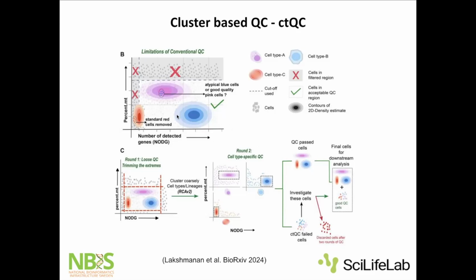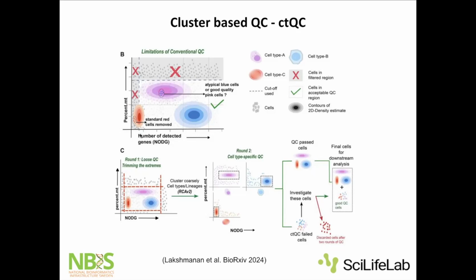But the whole idea is that if you have here number of detected genes versus percent mitochondria, and we have 3 cell populations that have very different patterns when it comes to these 2 quality stats, we might have failed blue cells ending up here, and we might have failed blue cells ending up here, but we don't want to set filters so that we remove all the red cells, for instance.